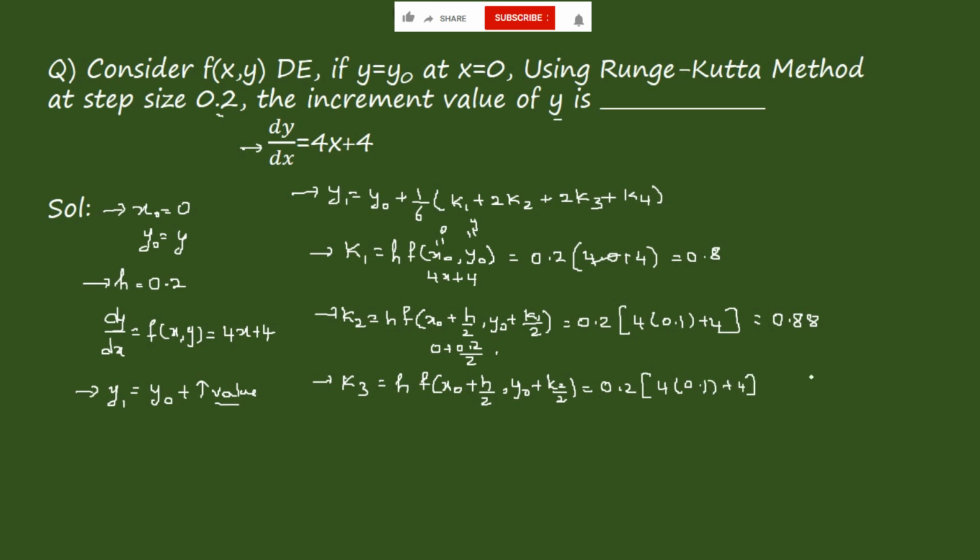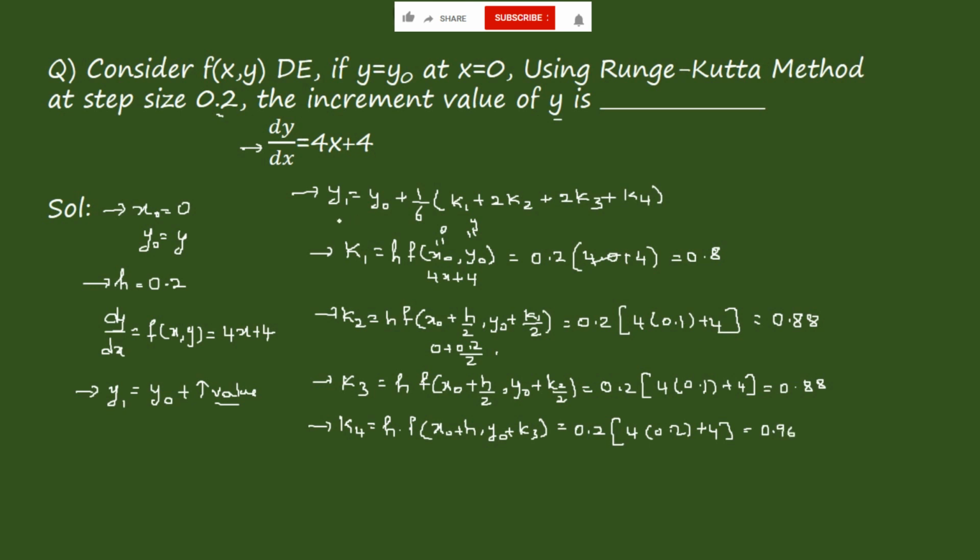The value is again 0.88. Again we find the value of k4, which is equal to h into f of x0 plus h comma y0 plus k3, which becomes 0.2 into (4 into 0.2 plus 4).